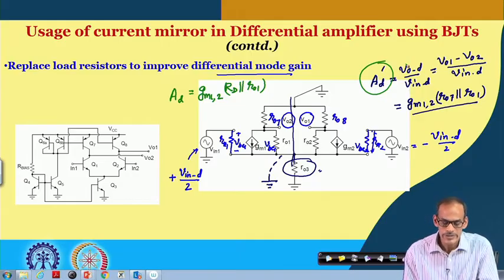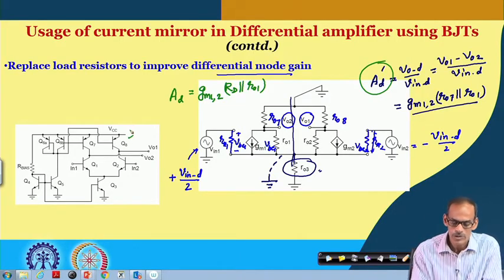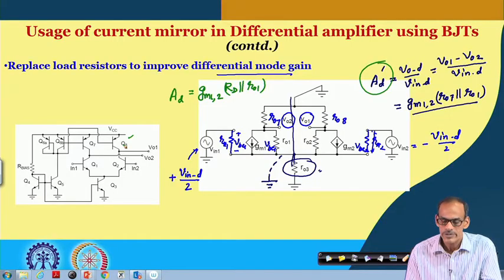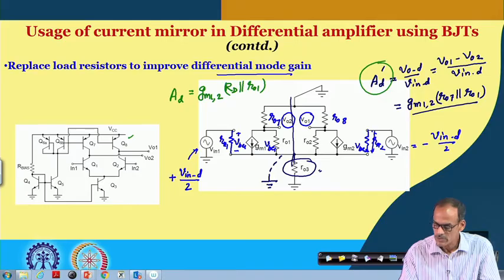In fact, since we are using an active load with respect to a passive load, the common mode gain of course increased, but since the differential mode gain also increased, it is not an issue.